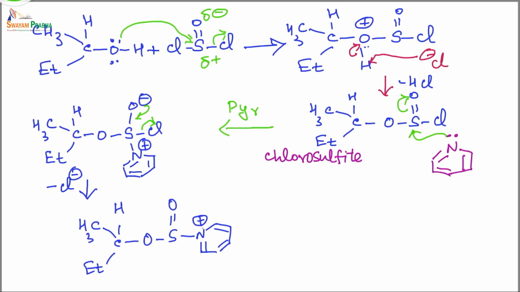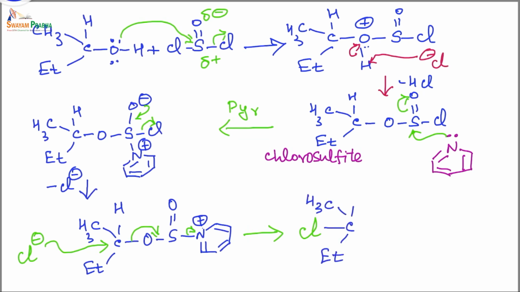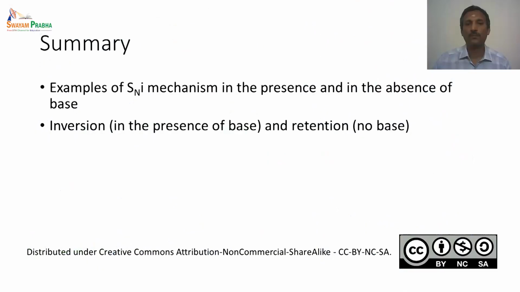So in this particular step, the chloride ion can come and attack the carbon from the rear side, and the CO bond is cleaved and the S double bond O forms sulfur dioxide, and the SN bond cleaves to regenerate the starting base, which is the pyridine. So thus this reaction completes.